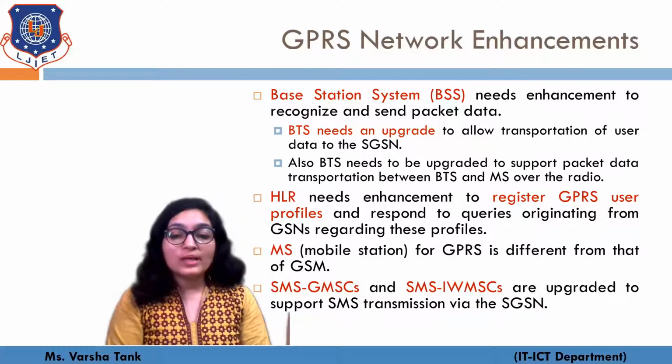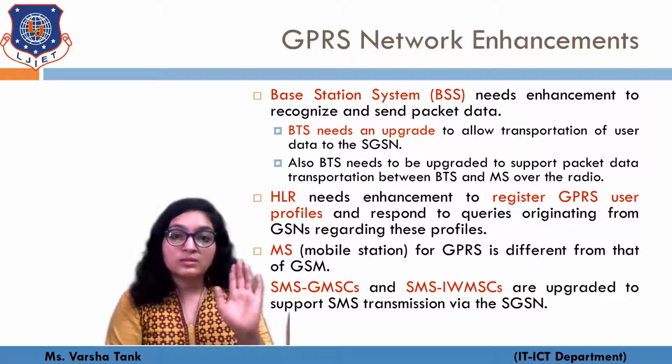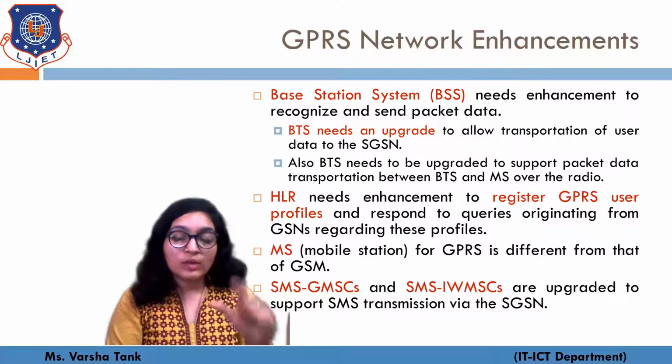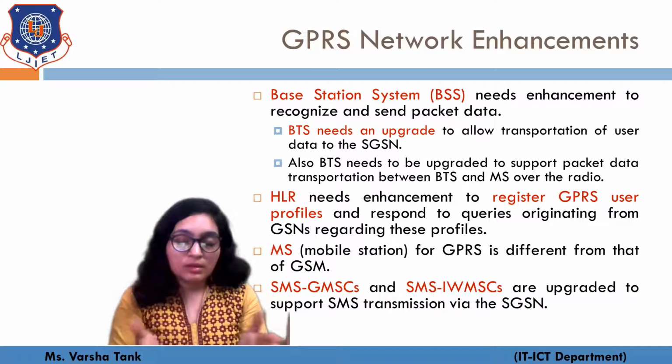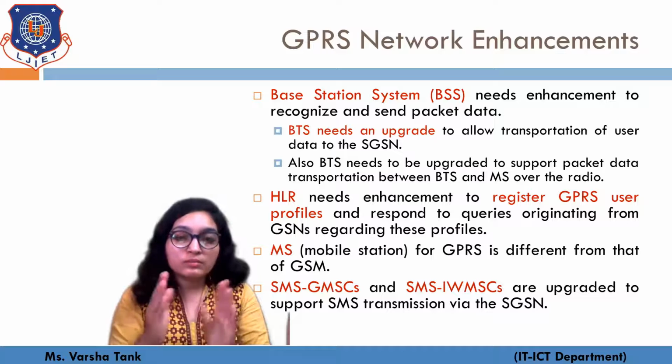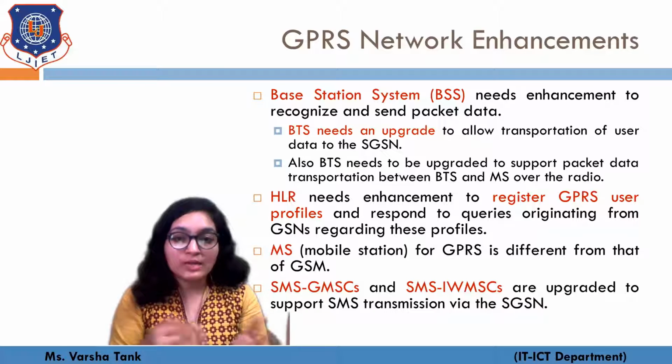Now next is the mobile station. The mobile station for GPRS is different from the GSM. For example, a Nokia mobile that is not a smartphone is not able to provide this type of data packet service.